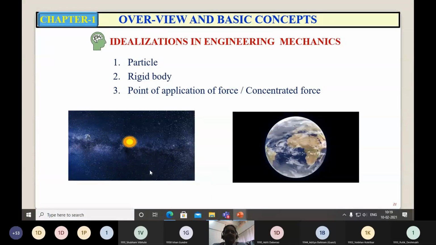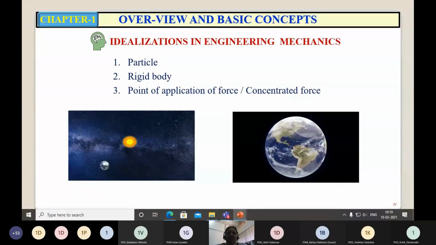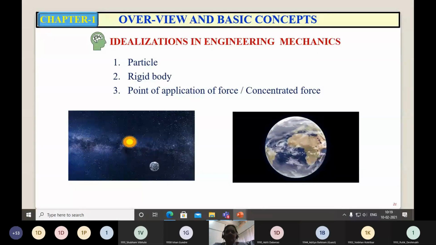So while studying the motion of this earth around the sun, we can treat this earth as a particle, because as compared to the diameter of the orbit in which the earth is rotating around the sun, the size of the earth is very, very small. So while analyzing the motion of the earth around the sun, we can treat that earth as a particle, neglecting the size of the earth.